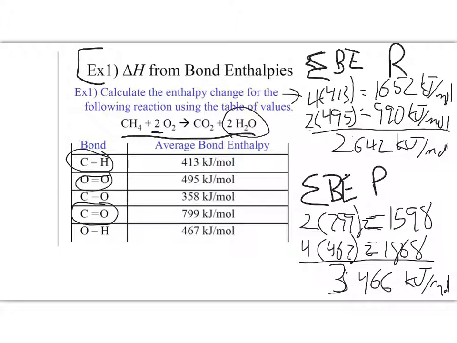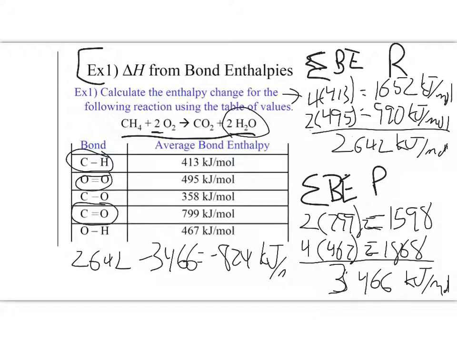Now we just need to subtract, right? 2,642 take away 3,466, and that gives us a total of negative 824 kilojoules per mole. Now if you notice here, our answer is negative. That means this is going to be an exothermic reaction, right?